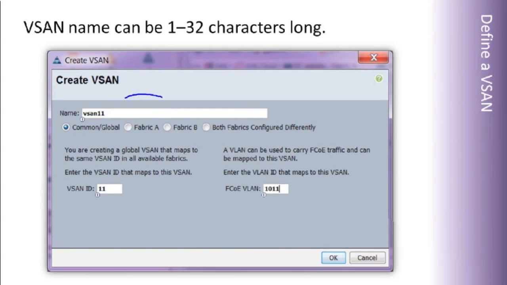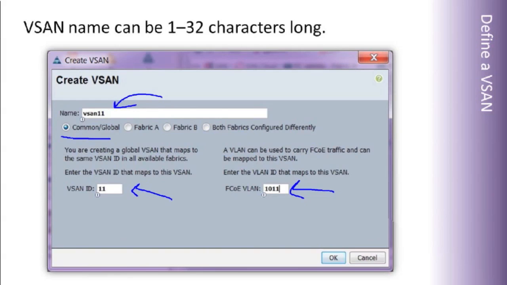We see how similar this is to the virtual local area network creation. Mandatory name, mandatory ID, and then if we're doing the fiber channel over Ethernet here, we indicate the fiber channel over Ethernet VLAN for this particular virtual storage area network.